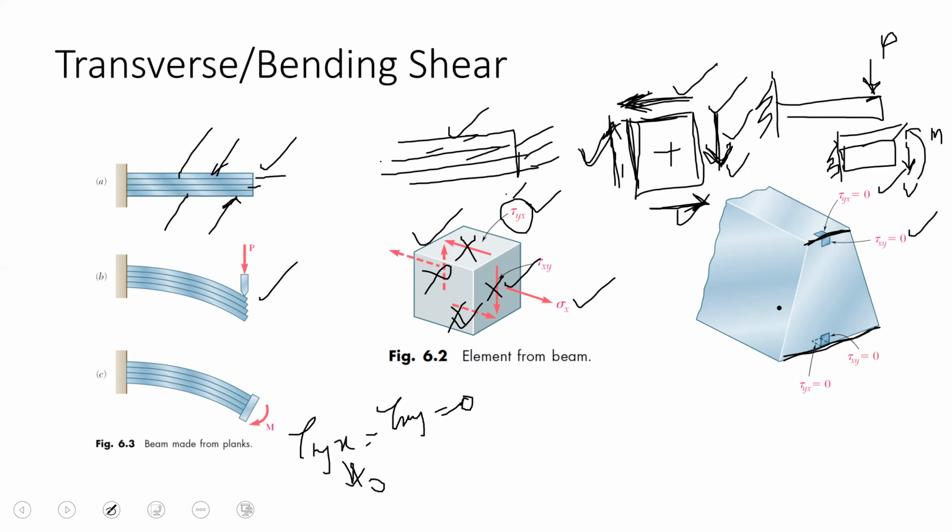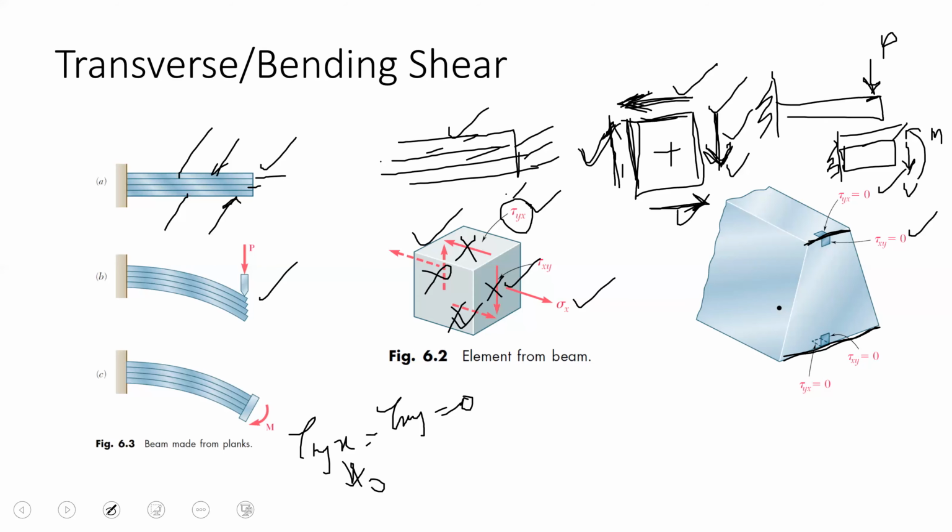And we have seen the distribution is no more average, it is no more equally distributed on the face, but it is always maximum at the neutral axis and 0 at the top and the bottom faces, because on the top and the bottom there is no face which will slide against each other, resultingly no sliding motion, no shear stress, resultingly no bending shear will be there, right?